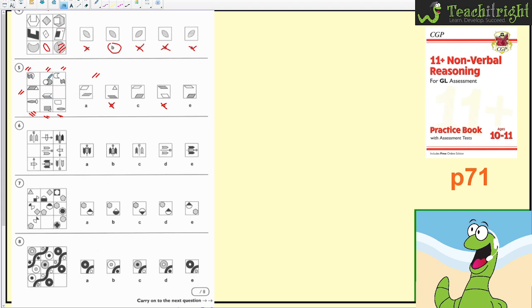And then it's this shape here that is getting copied, so the shaded shape is getting put into the top right hand corner. So if this is the shaded shape here, it needs to be put in top right, but if this one was pointing to the right, this one's pointing to the left. So we need to take this shape, which is pointing to the top left, and swap it into the top right.